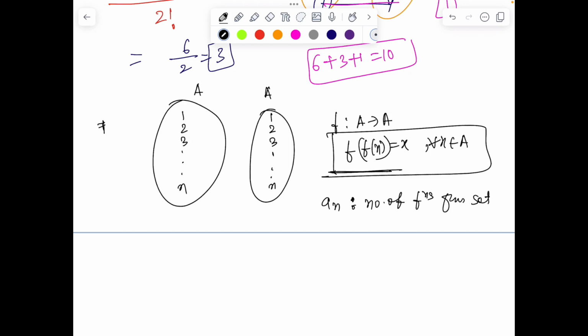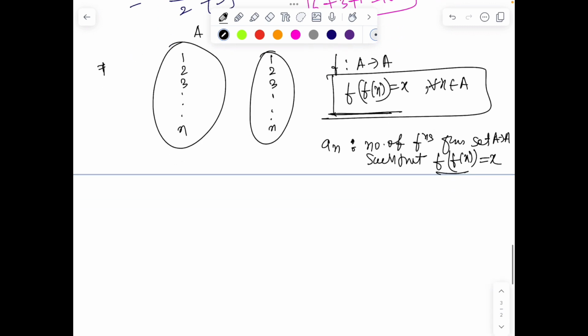What is a_n? It is the number of functions from set A to A such that it follows the restriction given above: f of x equals x, which means f of 1 is 1, f of 2 is 2, and so on.